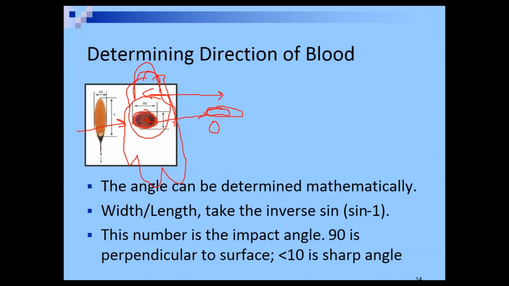So if I was really close to the surface, it would be very long ovals, whereas if a person was farther away, it would still be oval and indicate the direction, but it would be much more circular.